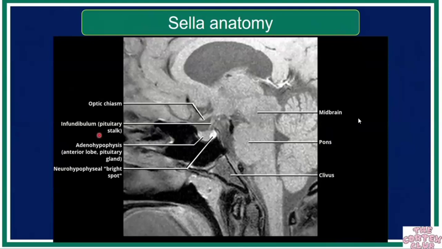The pituitary gland is unique in the brain in that it is outside of the blood-brain barrier, and therefore it enhances. The differential enhancement within the sella is what we use for diagnosing different diseases of the sella. So what we need is a focused sagittal T1 weighted image, a focused coronal T1 weighted image, and then post-contrast sagittal and coronal T1 weighted images of the sella, and that's all we need.